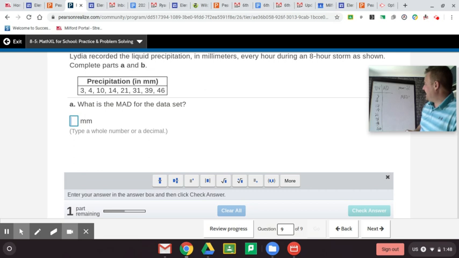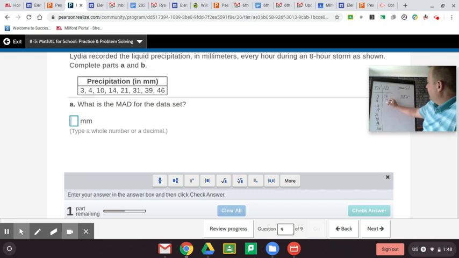Now, before we get all trigger happy and go to the MAD, we got to find the absolute deviations away from the mean. Here we go. 21 minus 3, that's 18 away. Wow, that's a big absolute deviation.